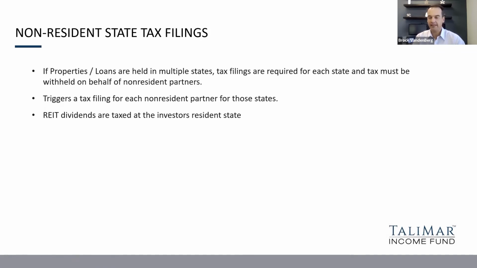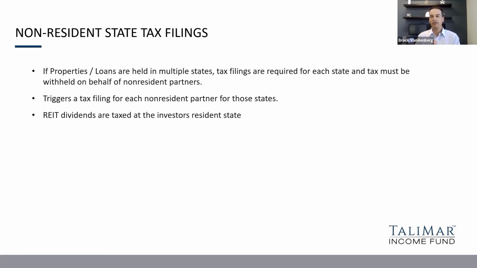This is another one that really came to light when I was going through the certification process as fund managers, and this is non-resident tax filings. If you're invested in a mortgage fund, that fund is going to do loans. We're in California and we focus on loans in California, but a lot of mortgage funds will go outside of their domiciled state to do loans, in Arizona, Nevada, Oregon, those West Coast states.